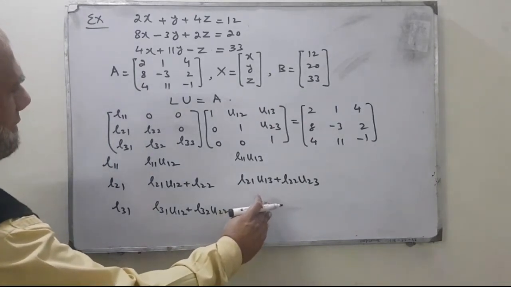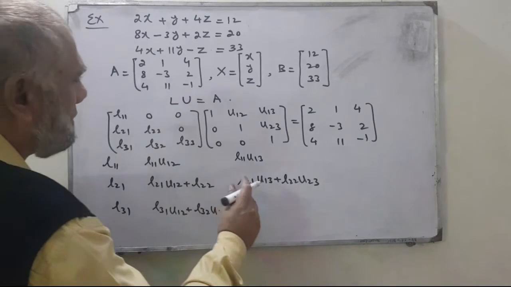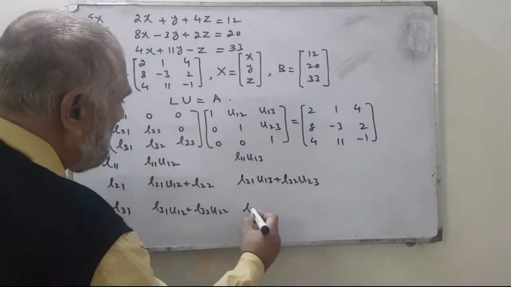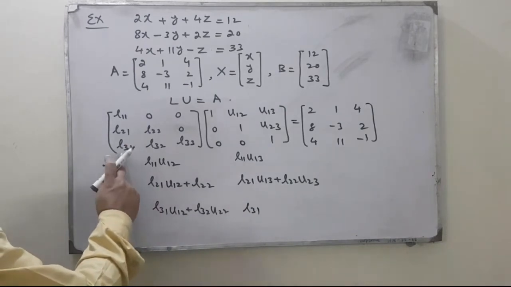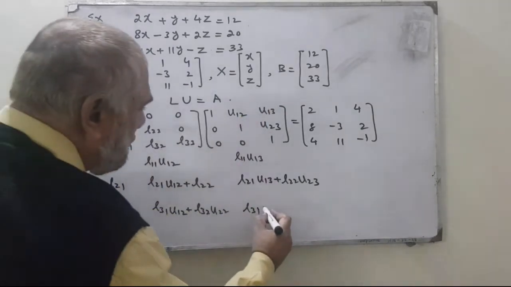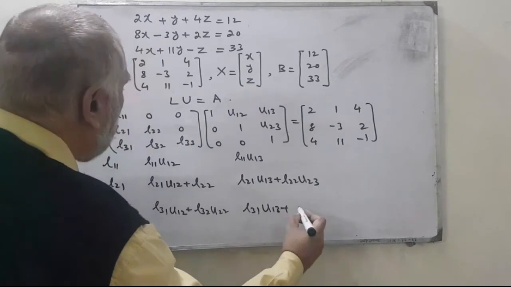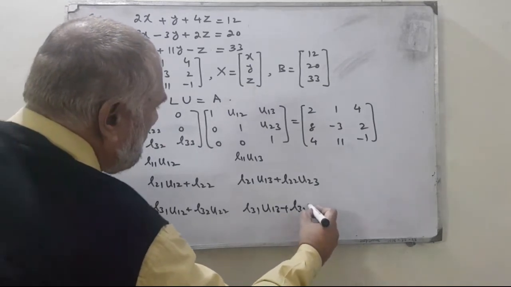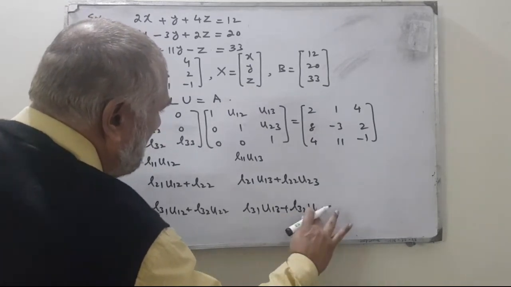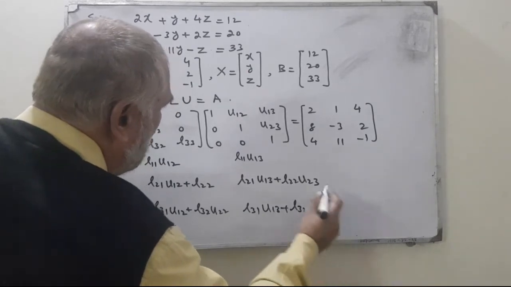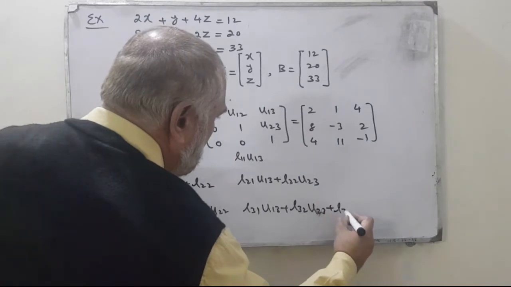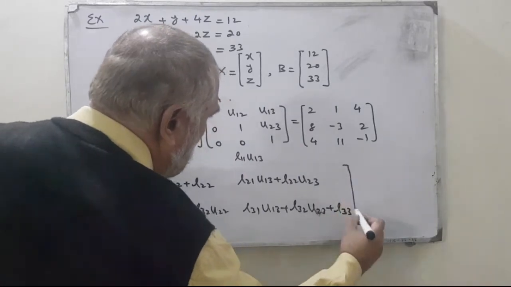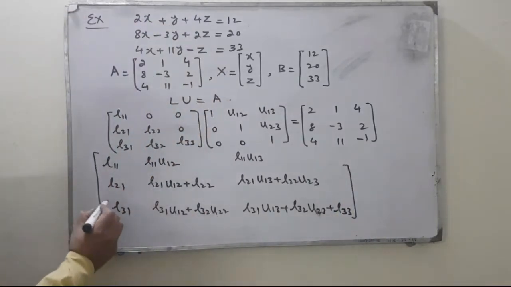And the third one, I have taken L31 with U13 plus L32 U23, and then L33, one more. So this is the product of these two matrices.